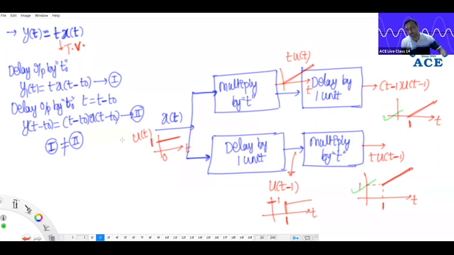For this example, the direct logic we checked is whenever the input or output is an explicit function of time, it is automatically a variant system. No mathematics is needed in this question. Let us go to the next example.